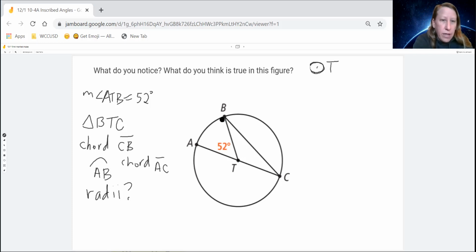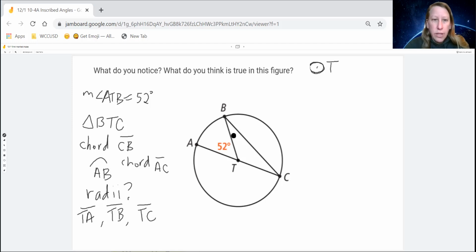TB is a radius. Any more? Yep, TA and TC. These are all radii. Cool. What else? Any other chords? No. Any other arcs?